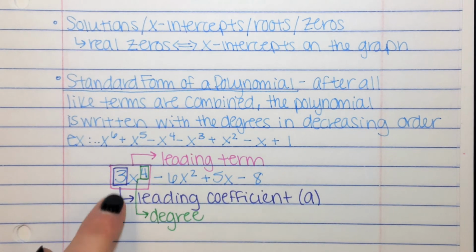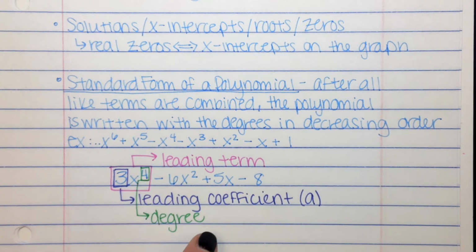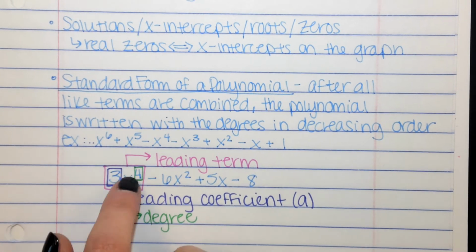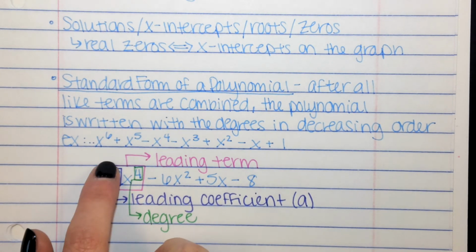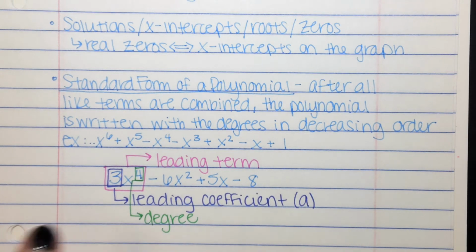The 3 is our leading coefficient, or a, and the 4 is our degree. So when you look at a polynomial, you need to be able to find those 3 things. That first term is the leading term, that first number is the leading coefficient, and that exponent is the degree. As long as it's written in standard form, you can pick those out very easily.